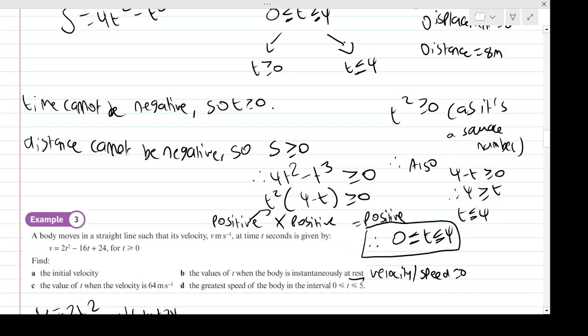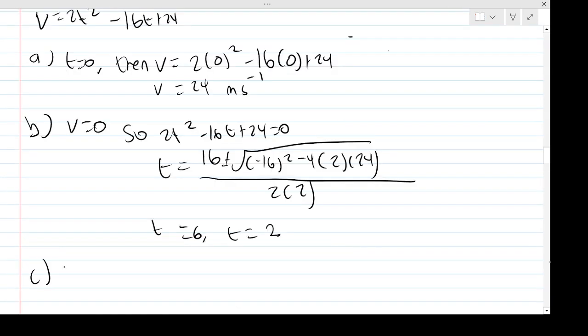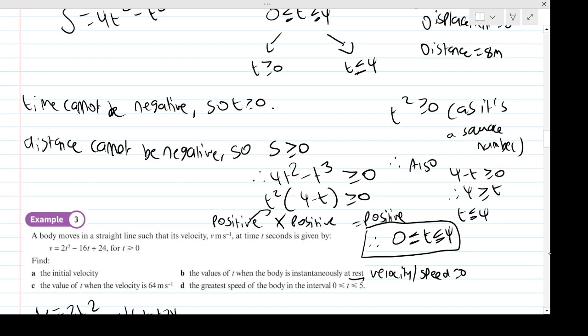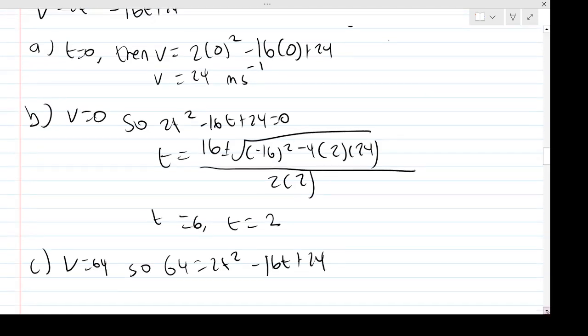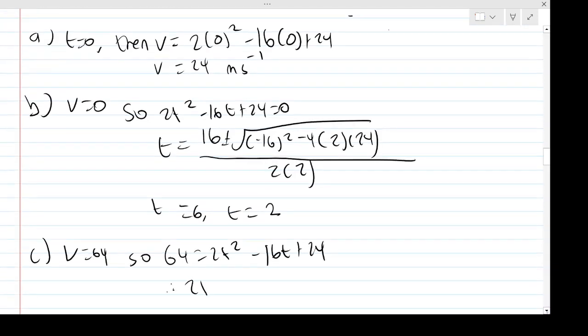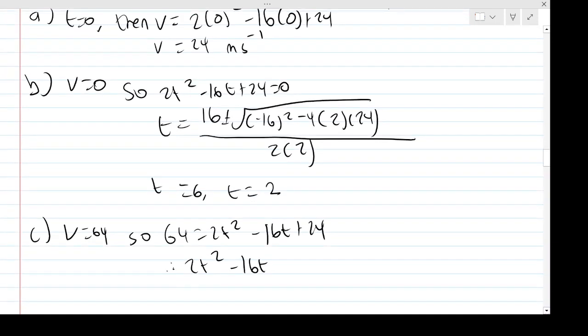Then in part C, it wants the value of t when the velocity is 64. So they told us the velocity is 64, so set v to 64, which means 64 = 2t² − 16t + 24. Again, this is just a quadratic equation. If I move the 64 to the other side, subtract it, that'd be 2t² − 16t − 40 = 0.